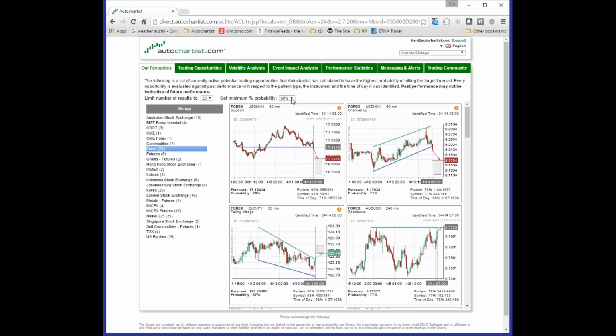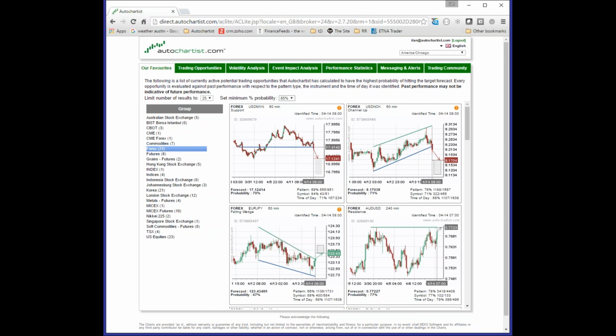So if I want to look at opportunities which have a 65% or greater probability of hitting their target region, all I do is set that minimum probability to 65, and Autochartist automatically combines the trading opportunities together with the performance statistics and limits the number of opportunities down to 21.